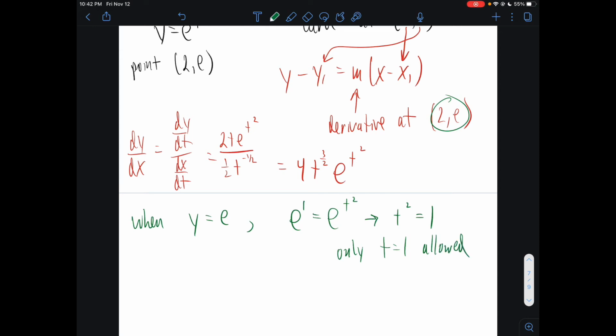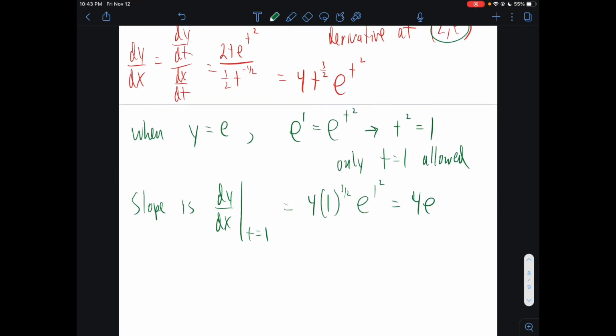So that means that our slope is our derivative evaluated at t equal 1, which would be 4 times 1 to the 3/2 power times e to the 1 squared, which is just 4e, which is a little bit bigger than 10.